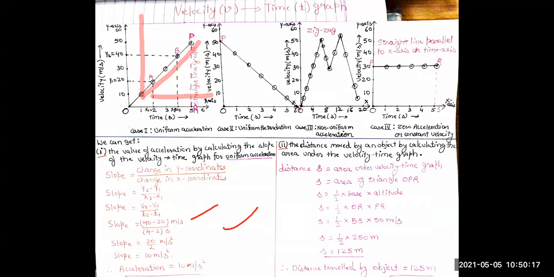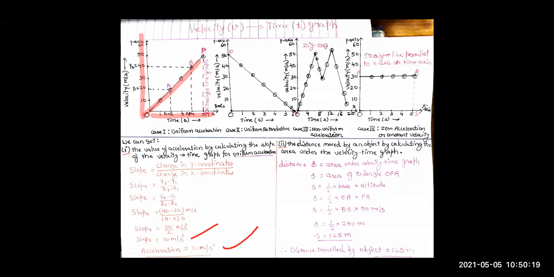Next, we can find the displacement or distance by calculating the area under the graph, the area under the velocity time graph. First you have to check that the graph is velocity time, and only then can you find distance, right? So if you see this graph, this is your graph line OP.